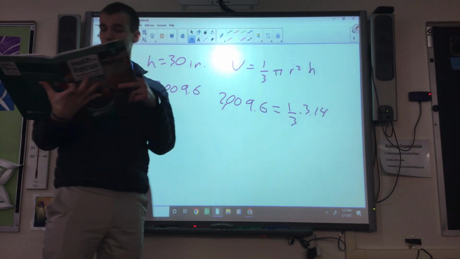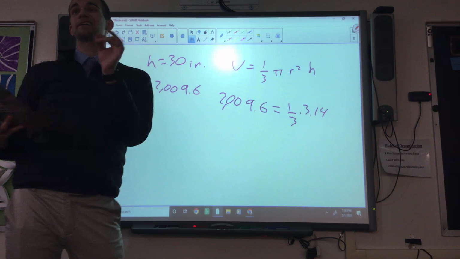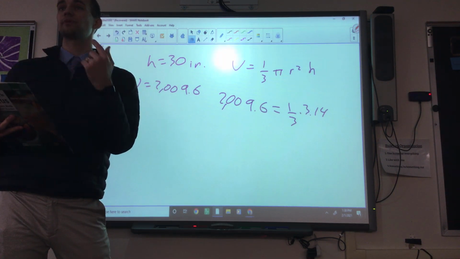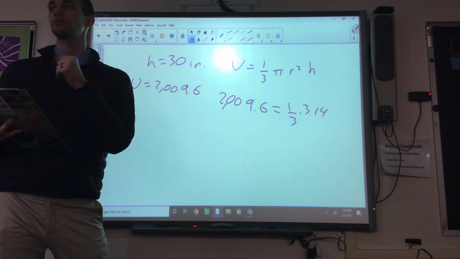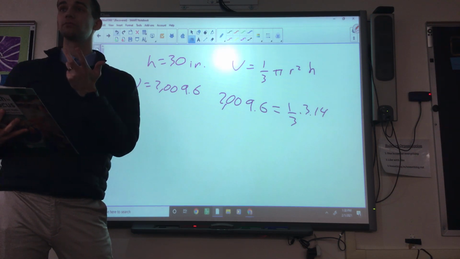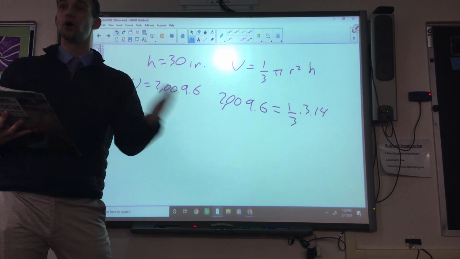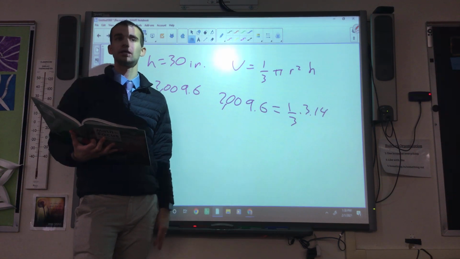Now, did this one say that I need to find it out in terms of pi? No, and it's not going to, unless, the only way it's going to say in terms of pi is if you're trying to find the volume. Because the volume would actually be in terms of pi.